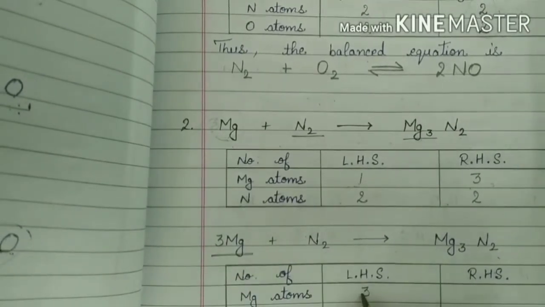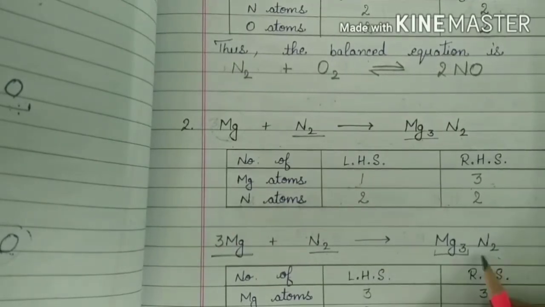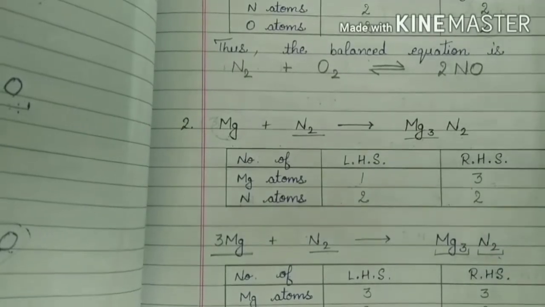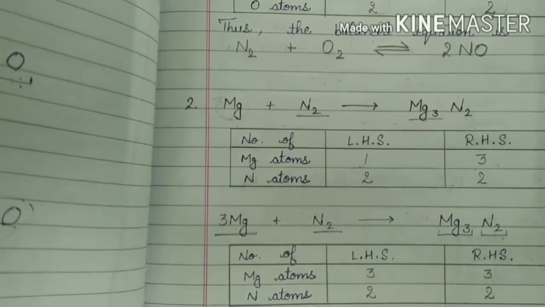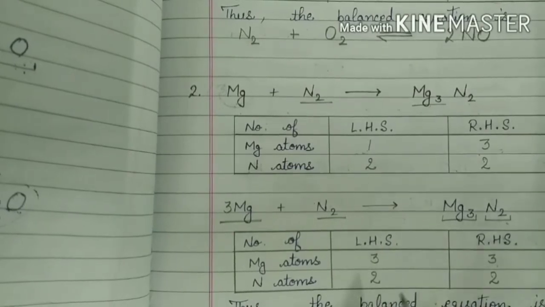Magnesium 3 on the left hand side, nitrogen 2 on the left hand side, 3 magnesium on the right hand side, 2 nitrogen atoms on the right hand side. Now see, 3 both equal on the left hand side and the right hand side, and nitrogen atoms also equal on the right hand side and the left hand side.